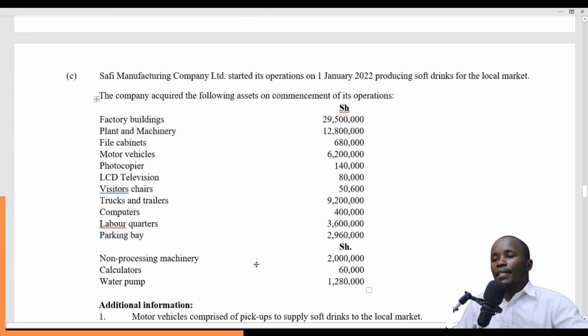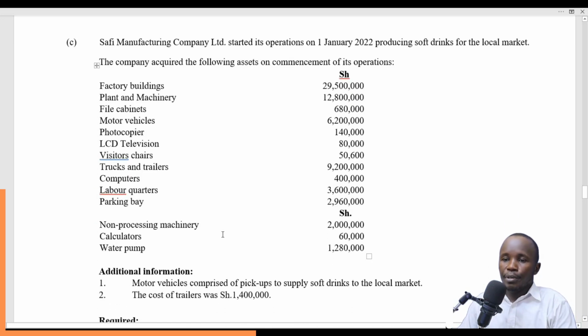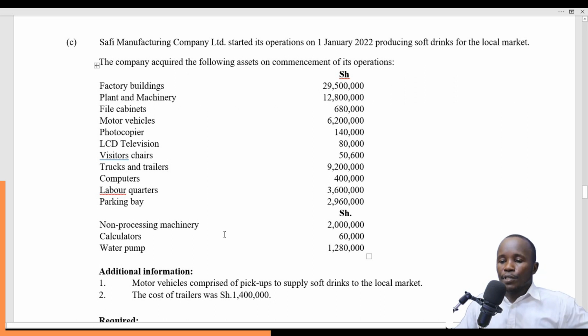Next, we are told that Safi Manufacturing Company started its operation on 1st January 2022, producing soft drinks for the local market. The company acquired the following assets on commencement: factory buildings, plants and machinery, file cabinets, motor vehicle, photocopier, LCD television, visitors chairs, trucks and trailers, computers, labor quarters, parking bay, non-processing machineries, calculator, and water pump.